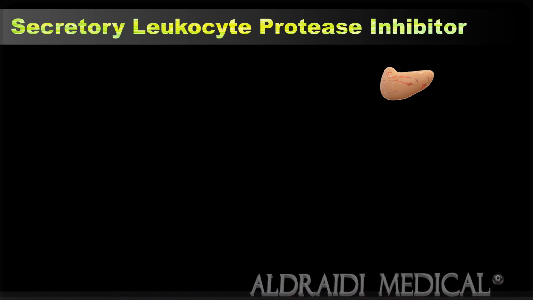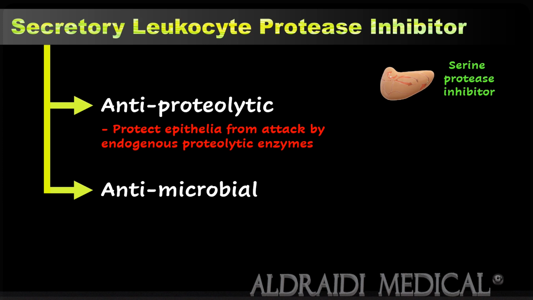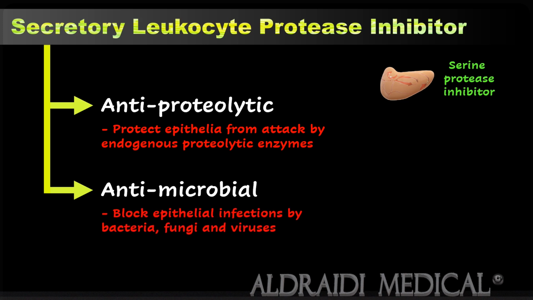SLPI is an inhibitor of serine proteases that has antiproteolytic and antimicrobial activities. In addition to its vital role in protecting epithelial surfaces from attack by endogenous proteolytic enzymes, this antimicrobial protein can block epithelial infections by different types of bacteria, fungi, and most importantly, viruses.